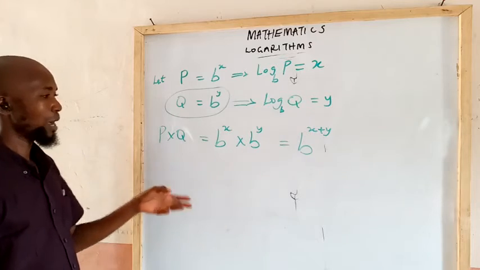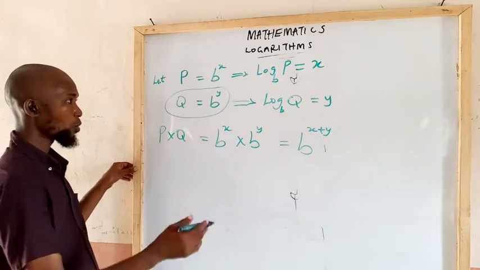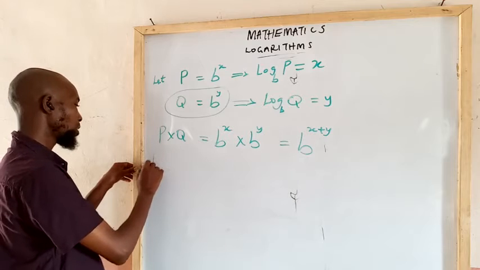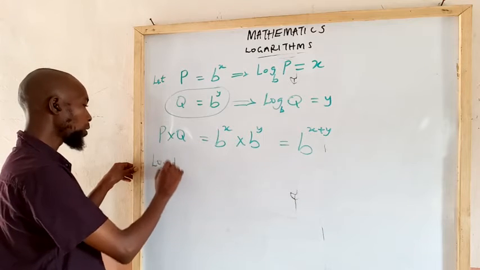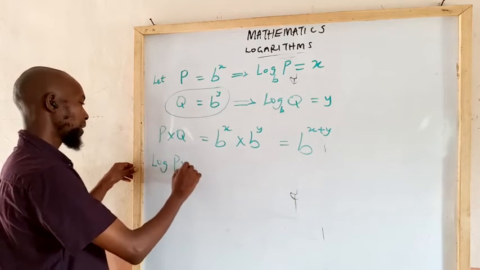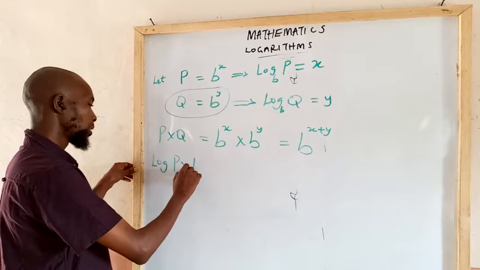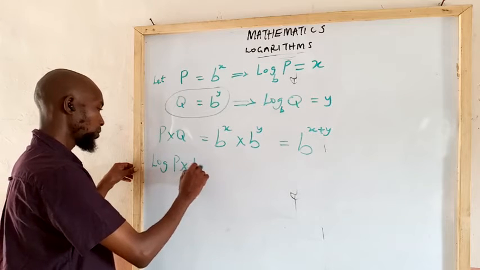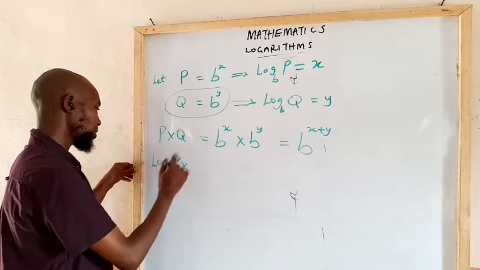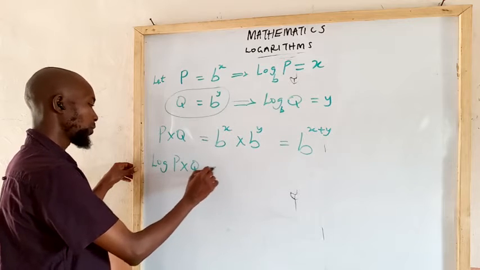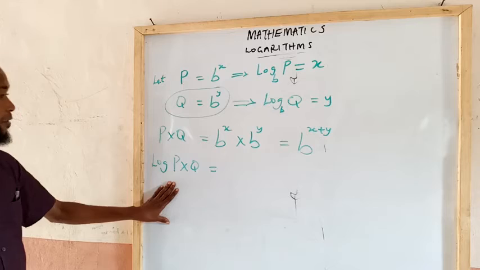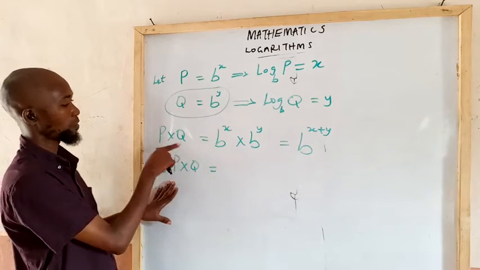So if we are to apply the concept of logarithm, what it means now is when I say log of p multiplied by q, the result it's going to give me, I will have to come back to this place.